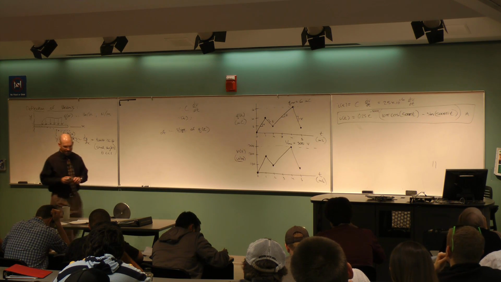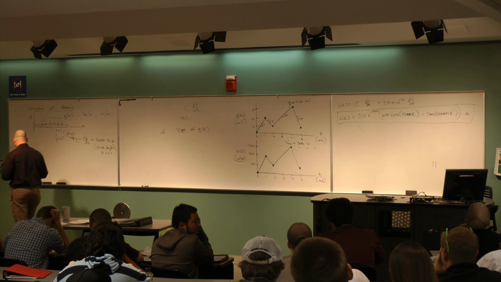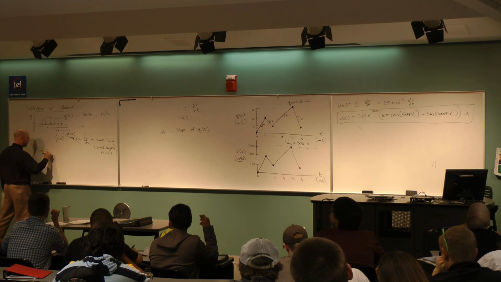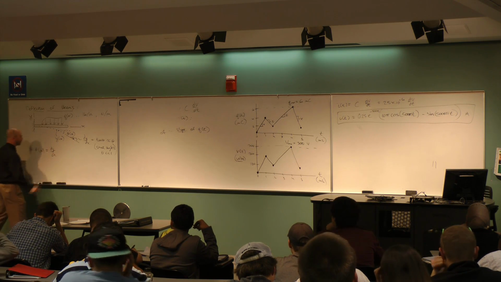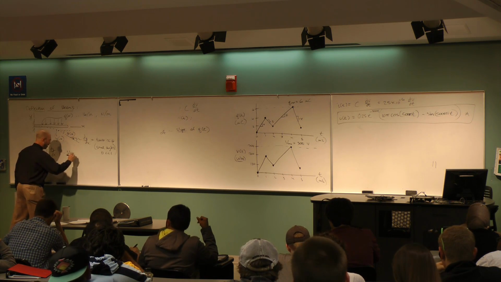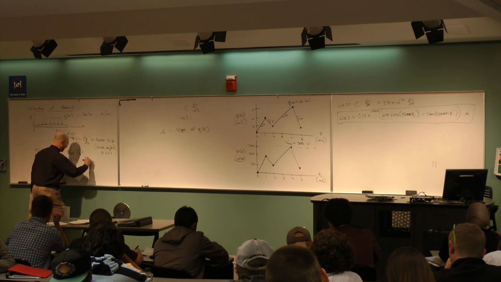So immediately, if I have y of x, theta of x is equal to dy dx for small angles, and that is the slope of y of x, measured in radians.